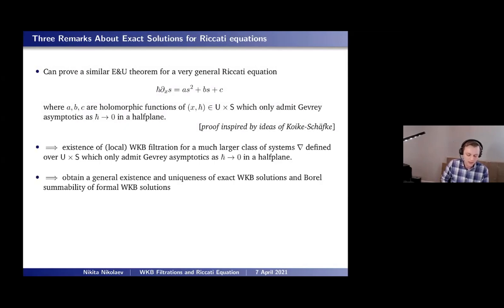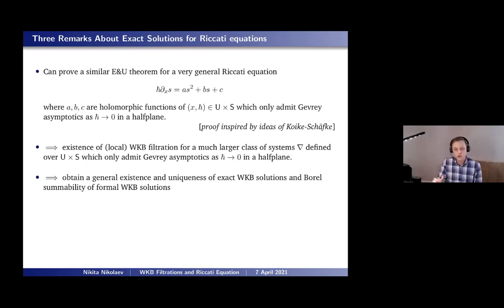And then last, probably very important point, is that this existence and uniqueness of exact solutions for the Riccati equation implies a very general existence and uniqueness theorem for exact WKB solutions for the Schrodinger equation, and the Borel summability of the formal WKB solutions of the Schrodinger equation.